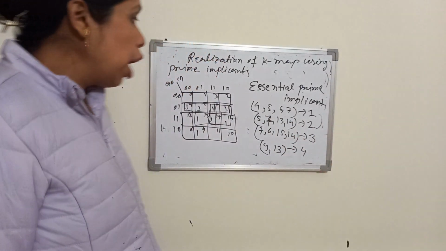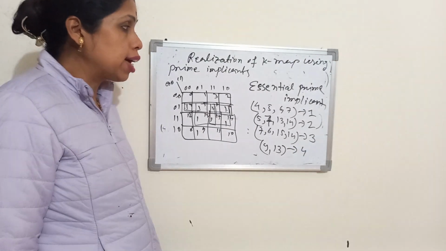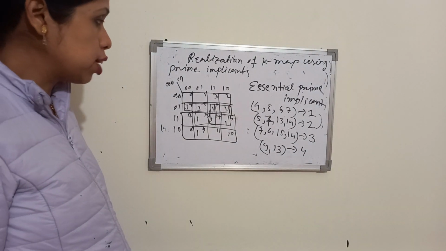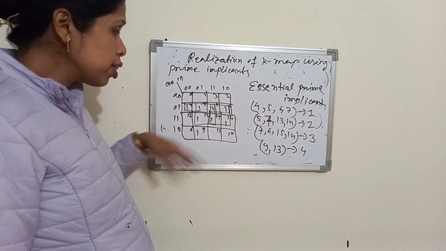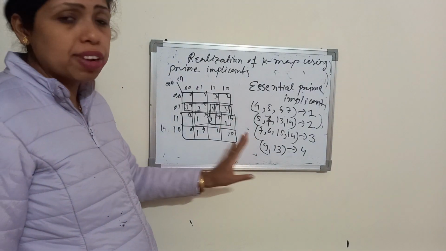Now I have to find out the essential prime implicants from the prime implicants. How can you find? If you write the expression, all the prime implicants are not required.